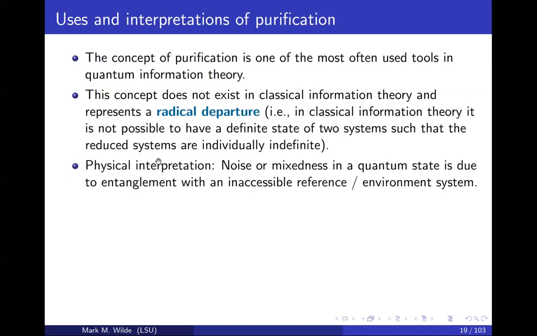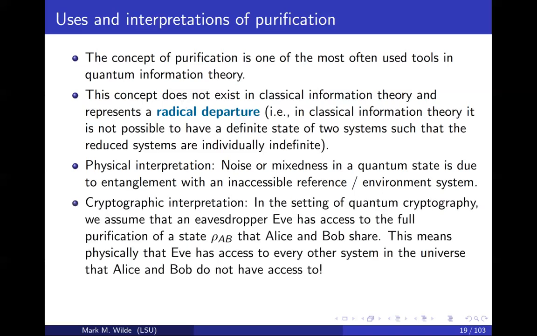And this is the interpretation we were talking about previously: noise or mixedness of a quantum state is due to entanglement with the reference system. There's also an interpretation in the context of cryptography. In quantum cryptography, you're trying to get a secret key from a quantum state rho_AB. We assume that system A is definitely in Alice's laboratory and system B is definitely in Bob's laboratory, and that those are secured labs.